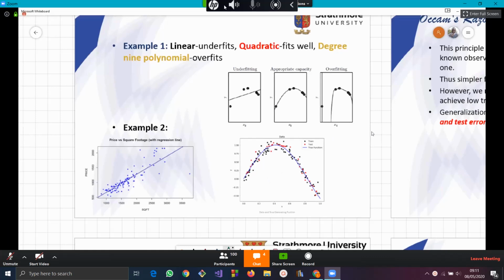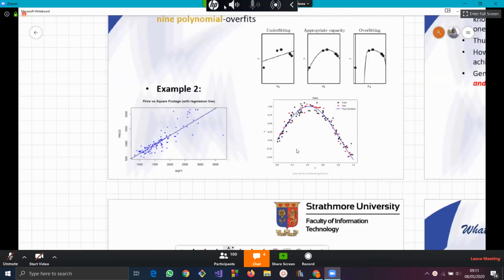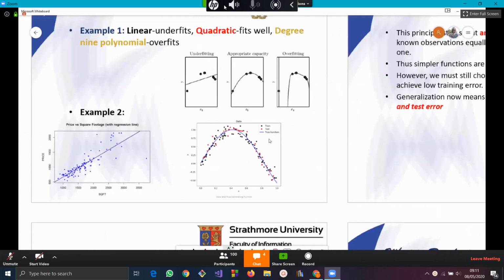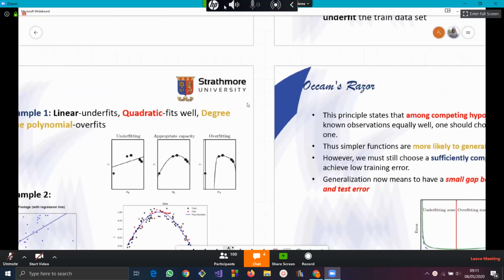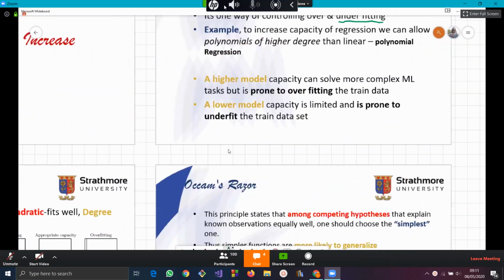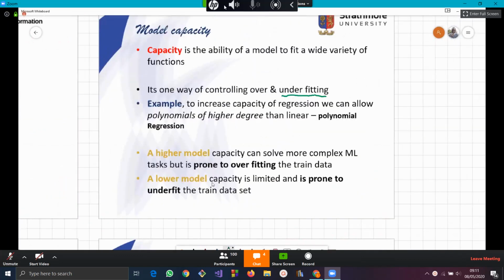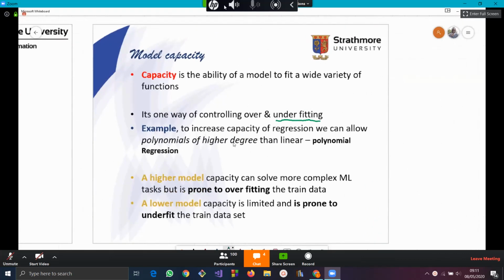And that is capacity. That answer is achieved by increasing capacity from linear to quadratic. So the solution here is to increase the capacity of regression to allow high order degree polynomials. The moment you allow high order degree polynomials, you run into polynomial regression.